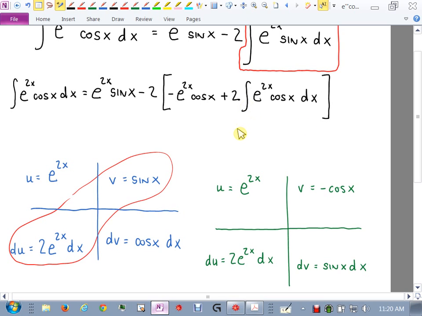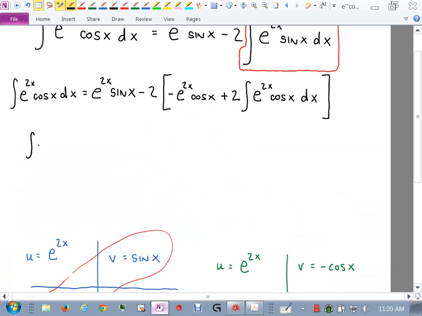Any questions about where any of this came from? This whole bracket is that red thing, right? And now look at your new integral. What's your new integral? e to the 2x cosine x dx, which is the same thing we have over here, right? So you might be saying, oh, great, what's the point? We're back where we started. But check out what happens here.